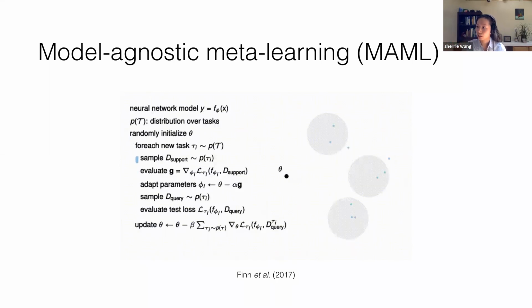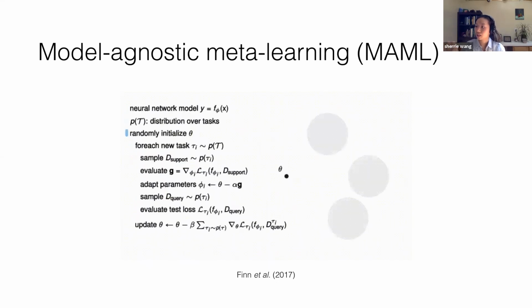The support set is going to help the model adapt from the initialization theta into specific parameters, which are denoted as phi 1, 2, and 3 for the different tasks 1, 2, and 3. So it adapts using the support set, and then evaluates how that model is performing using another subsample of new blue points, which are called the query set.